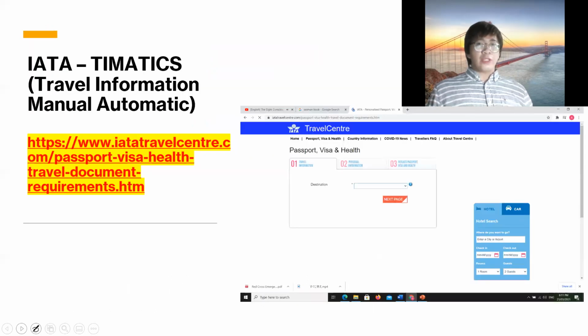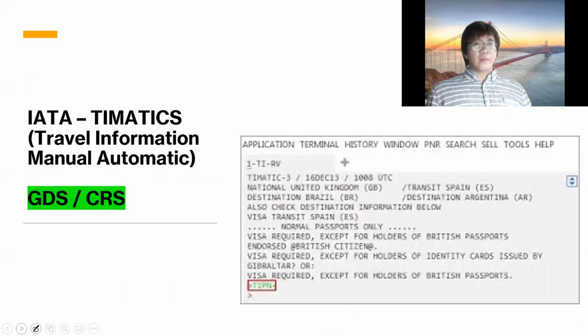Input nyo yung passport nationality ng pasahero nyo, tapos saan siya pupunta, saan siya galing, etc. Or, kung may access kayo, let's say you are now a travel agent sa agency, you can easily access the Timatic function sa ating GDS by encoding the key.